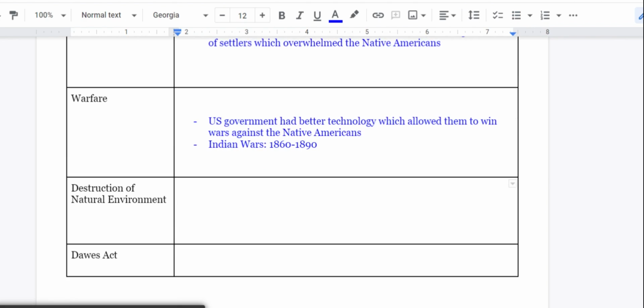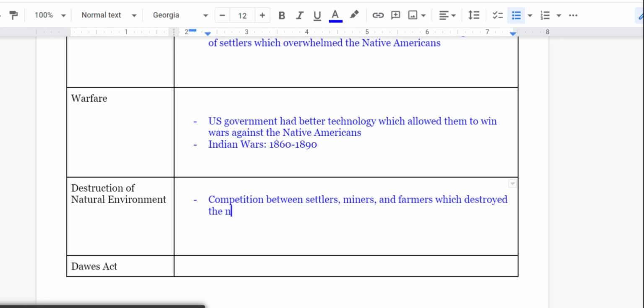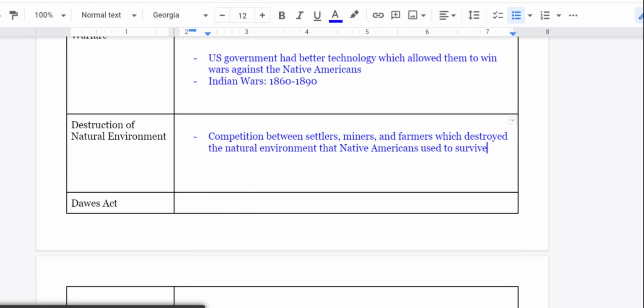And then finally, the last factor eroding Native American control of the West was the destruction of natural environment. So there was competition between settlers, miners, and farmers, which destroyed the natural environment that Native Americans used to survive. So all four of these factors are eroding the Native American control of the West.